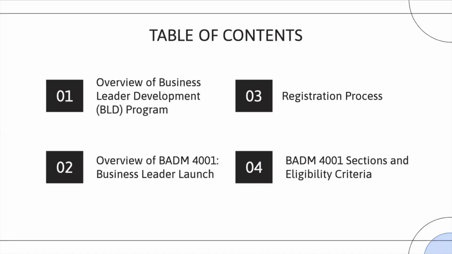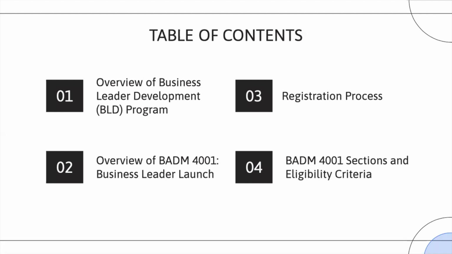First, we will cover an overview of the Business Leader Development Program, its educational purpose, and learning pillars. Next, we will provide an overview of BADM 4001, the experiential learning component of the program. After that, we will cover important information with regard to the registration process and how registration for this particular course is unique.